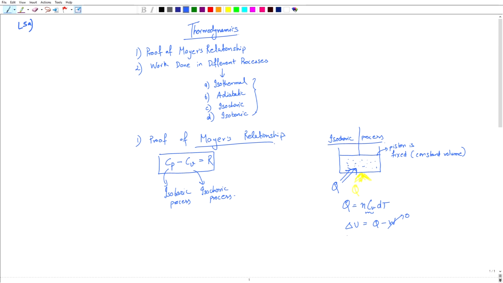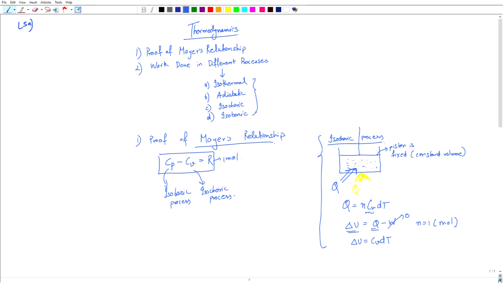So delta U is Cv dT, and I am taking n to be 1, so this relation is for 1 mole of gas.